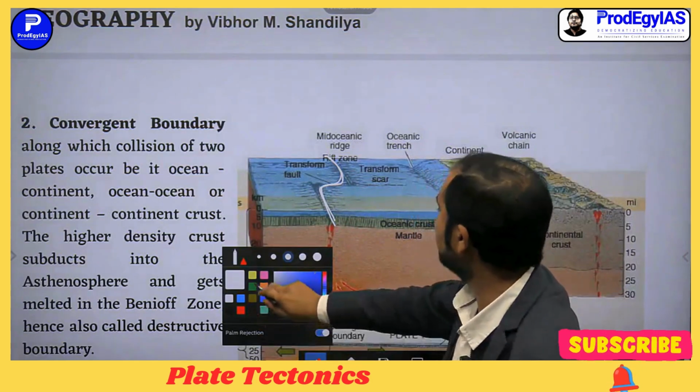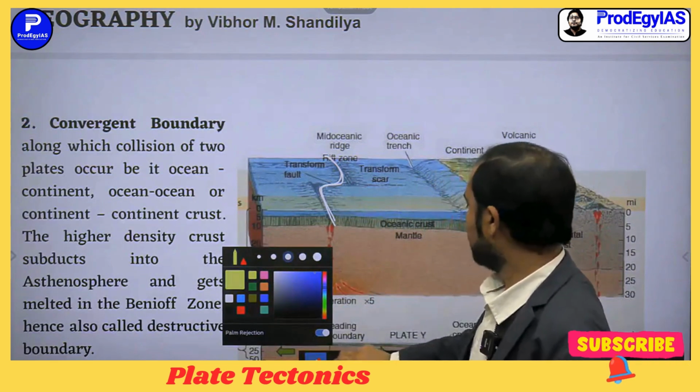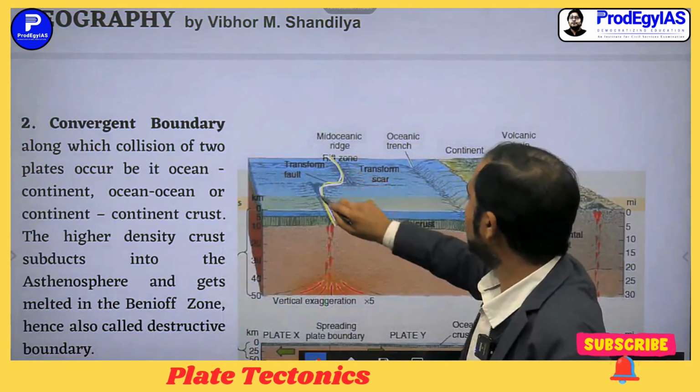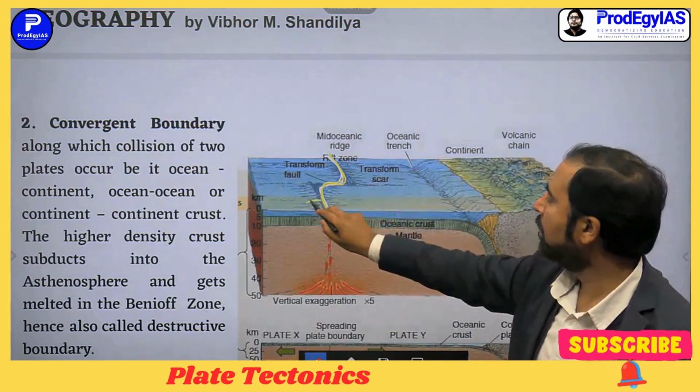This is a 3D figure. This boundary is a diverging boundary.